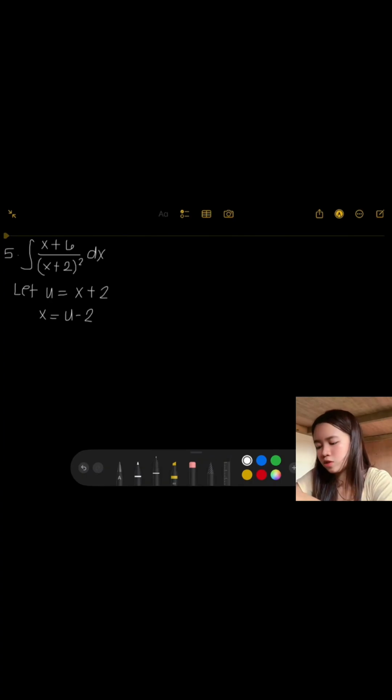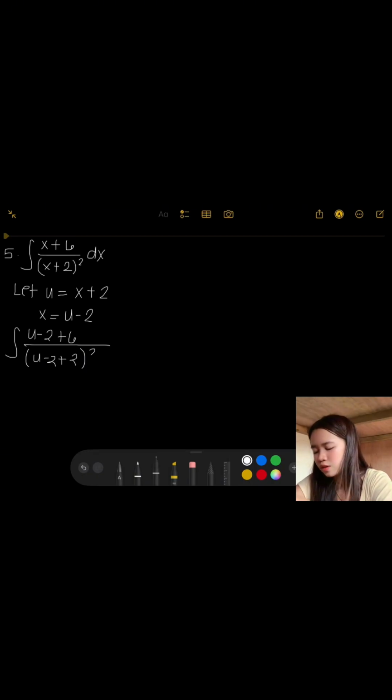Now let's substitute. It becomes the integral of u minus 2 plus 6 over u minus 2 plus 2 squared. Let's simplify. This becomes the integral of u plus 4 over u squared.